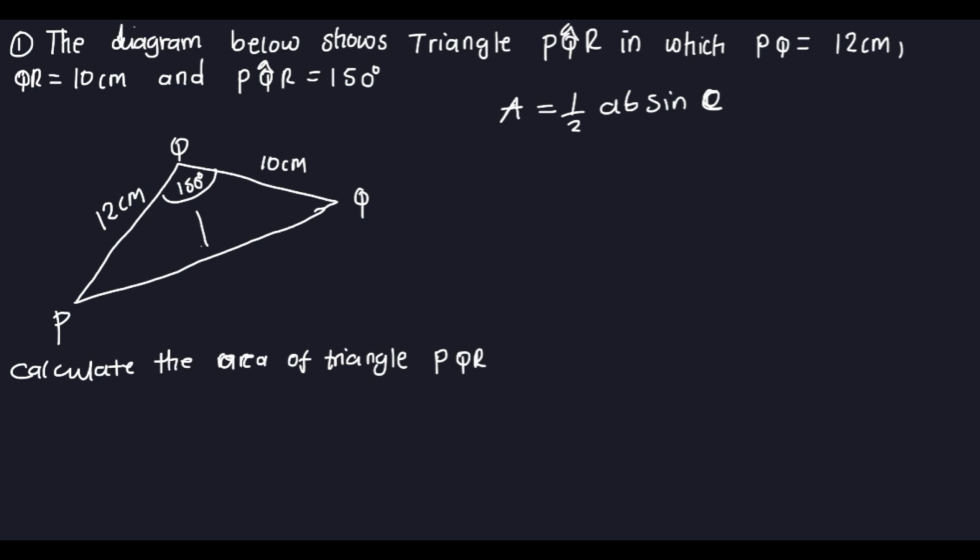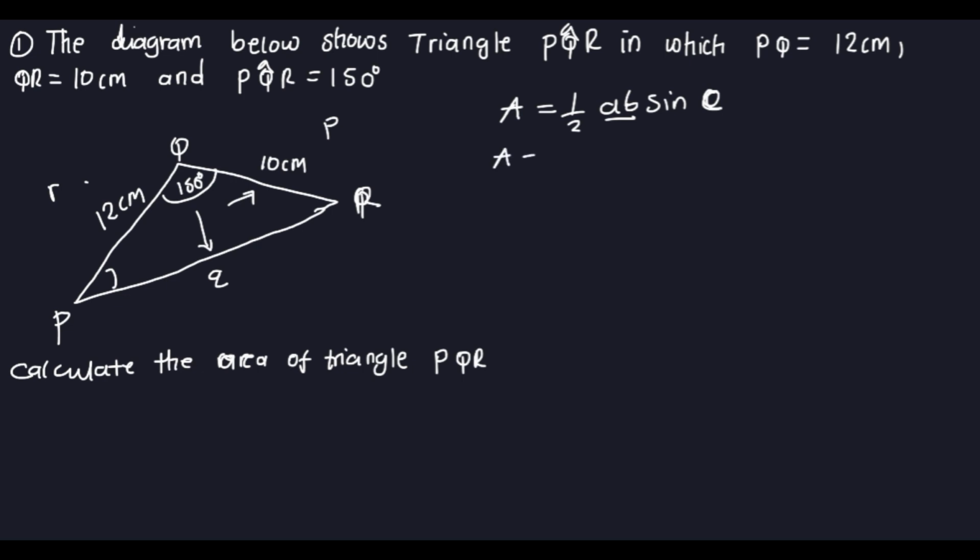Now let's look at how we deal with a non-right angle triangle. So this distance corresponding to angle Q, here we have small letter p, and here we have small letter r. These two distances a and b denote the two distances that are forming the angle.